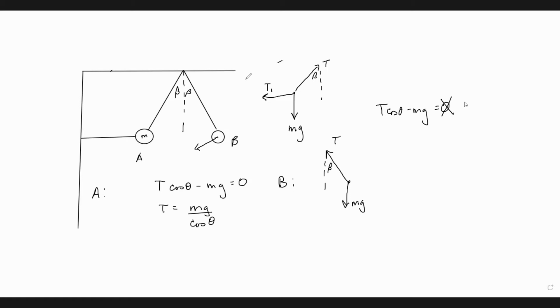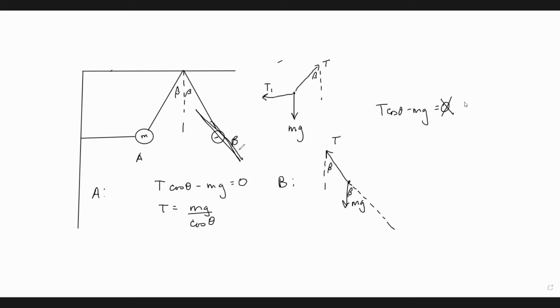So what we have to do is write down an equation for which we know the acceleration. So let's continue this here. Now, if this is the angle beta, then this is the angle beta right here. Now, what about in this direction along the string?